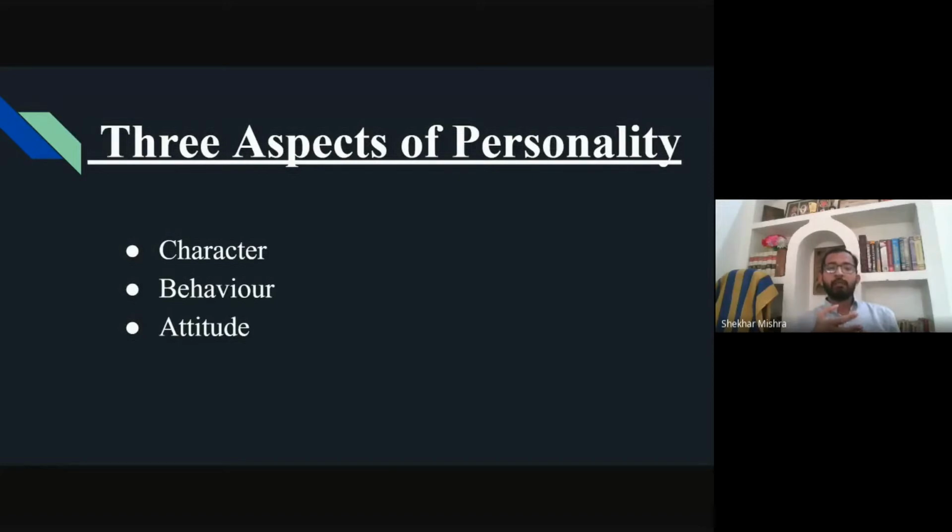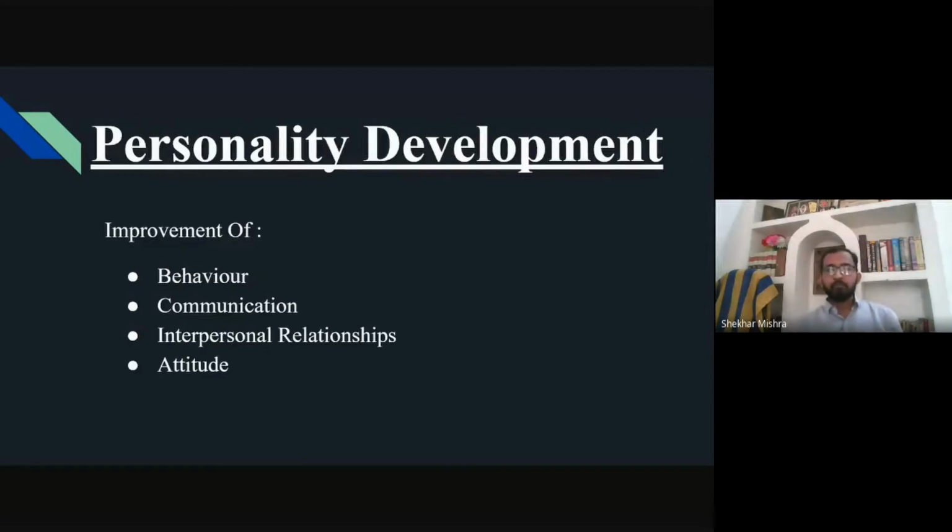Your attitude can be negative or neutral for something, and that's really not good. Now, the important question is how to develop personality. So, personality development is improvement of all these things.